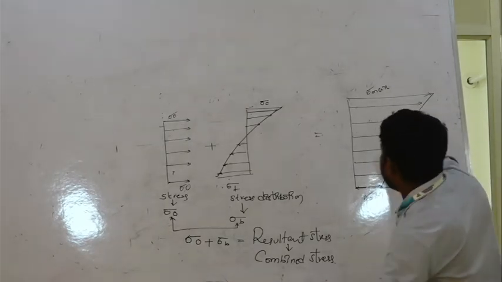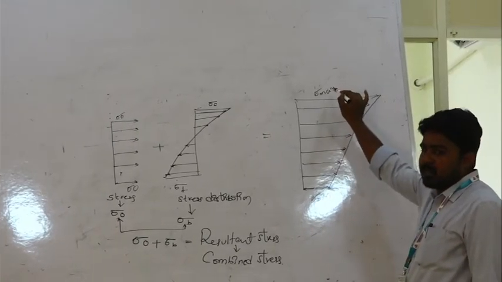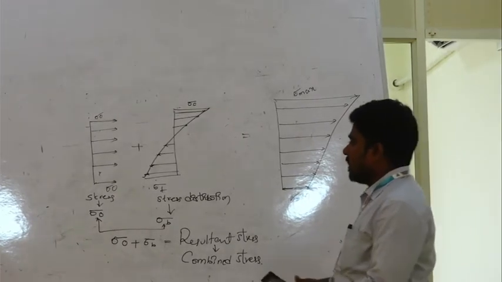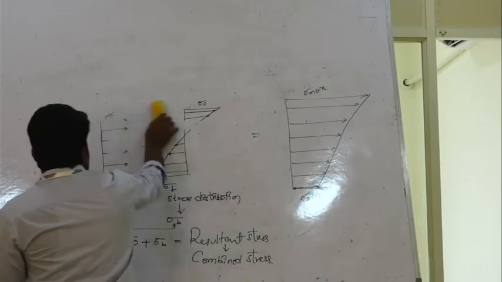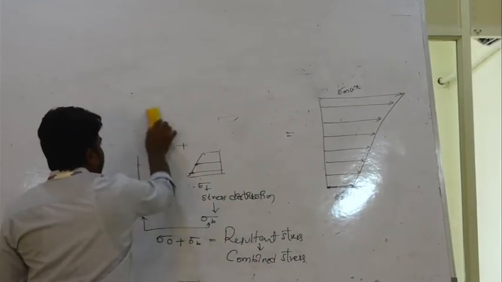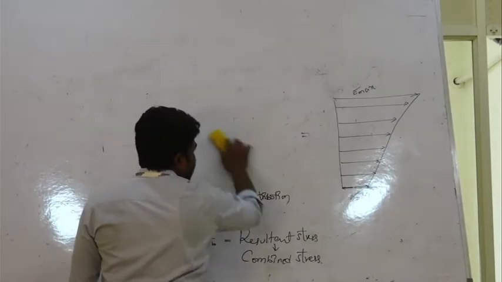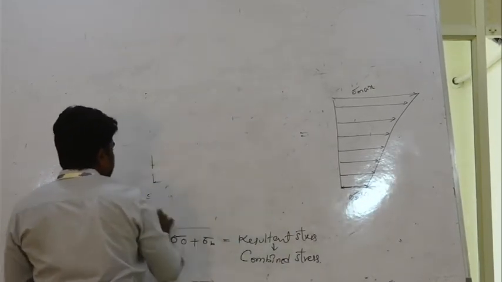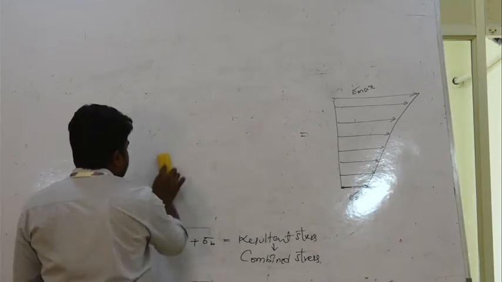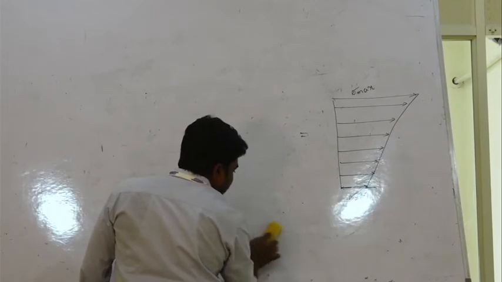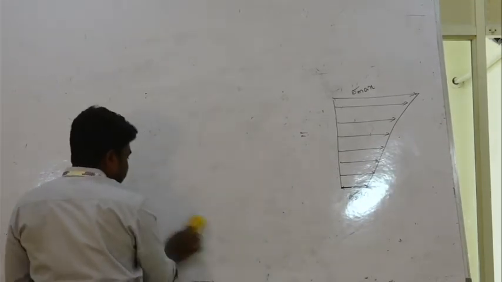That means sigma max is the maximum stress and sigma minimum is the minimum stress. These two stresses are obtained from both the direct stresses as well as bending stresses. This is the stress distribution of combined stresses, or simply known as the resultant stress distribution due to the direct stresses as well as bending stresses.